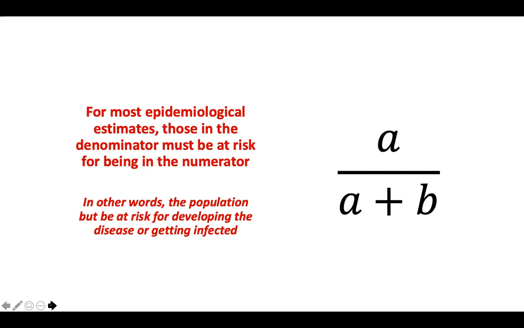So it doesn't make sense to have them in the denominator. We would want to say what proportion of women in the population became pregnant over a period of time, for example. We might want to make other restrictions as well with respect to age, with respect to some underlying medical conditions, but generally speaking, you want to make sure that your denominators are restricted to the people who can enter into the numerator.